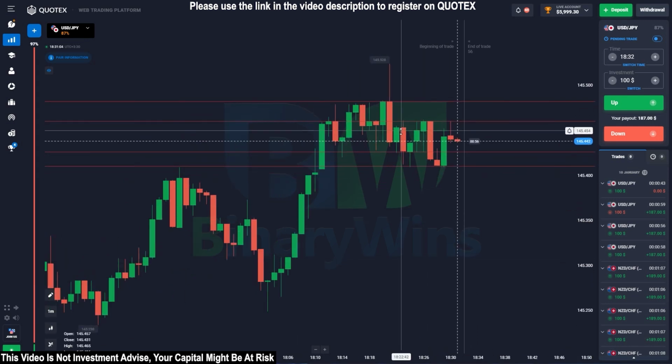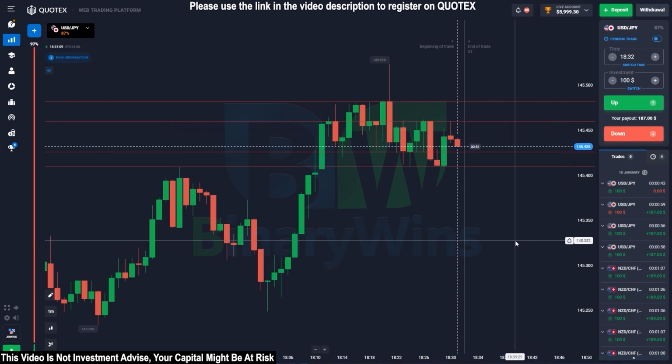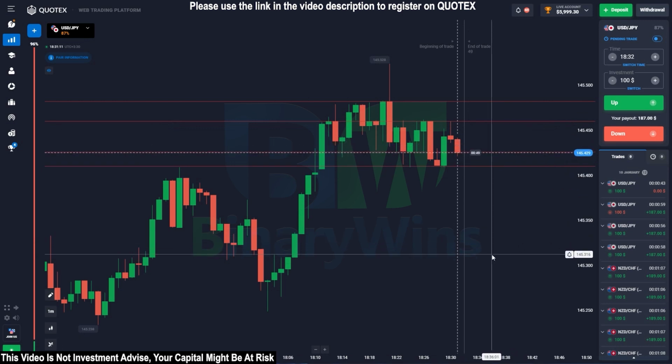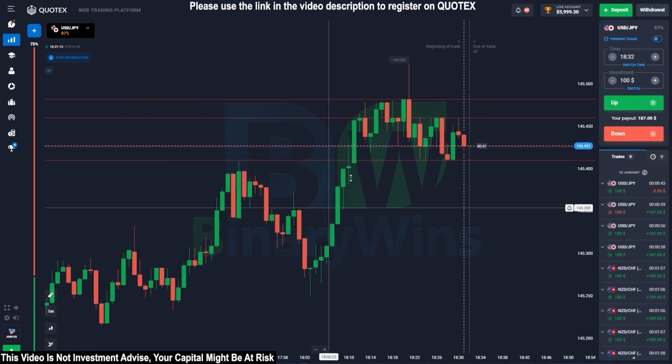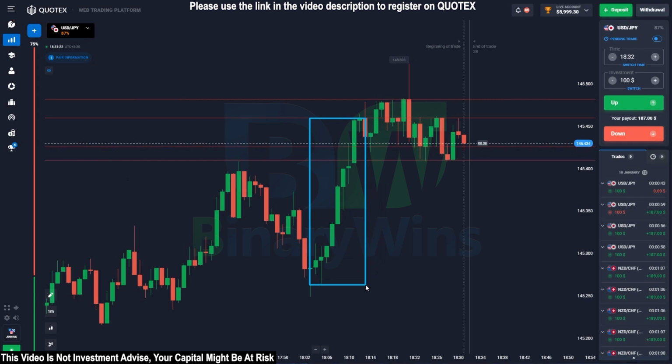We can wait for the candles to cross this range and then enter the trade with the minor trend, because on this side of the chart, we have a momentum trend.